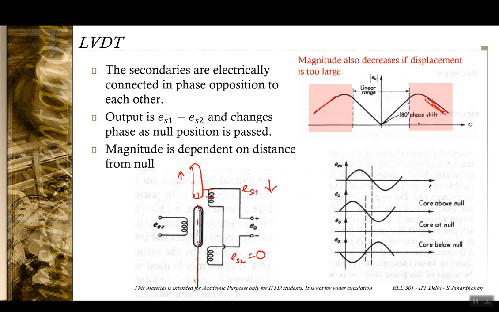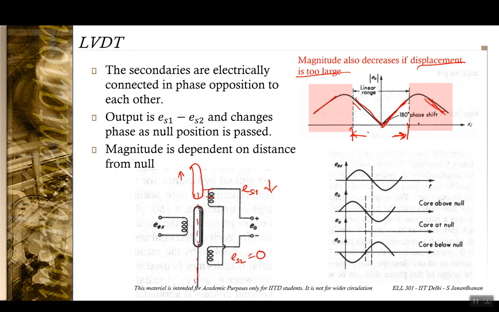So the magnitude of the output is going to decrease if the displacement is a little bit too large. So that brings a restriction on the range of operation. So the LVDT has to be operated within this linear range, and within this range the characteristics are quite linear.